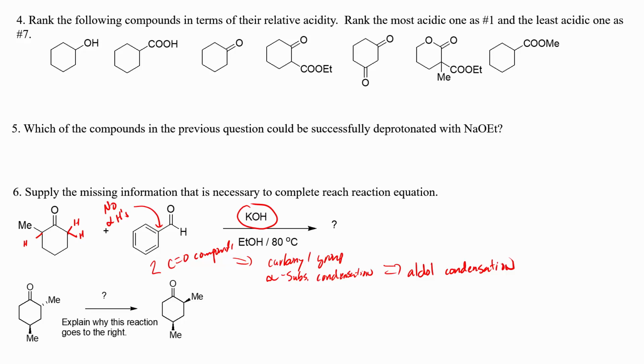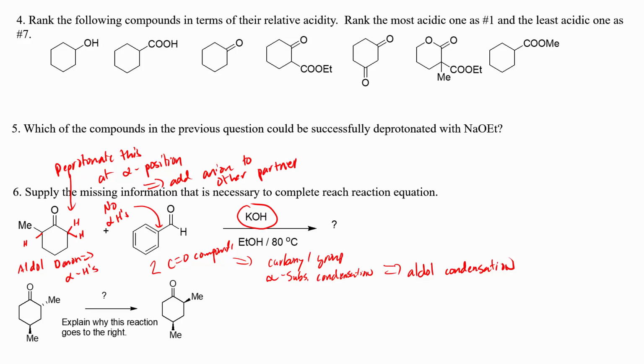Okay. All right, so this must be the aldol donor, because this is the one that has alpha hydrogens. What does this mean? Well, it means that we're going to deprotonate this, and we're going to add the anion to the other partner.